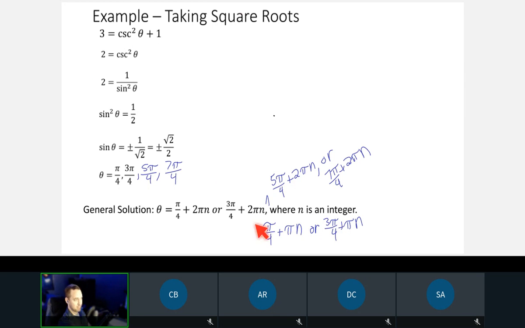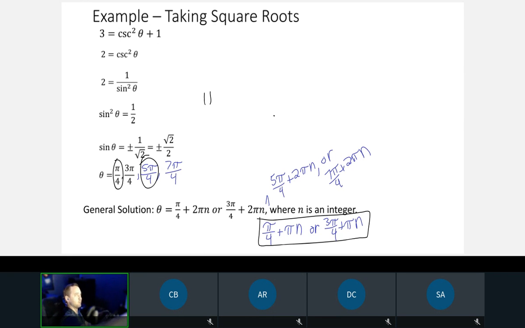So my singular answer is just those two. Let me box it. And the reason why is because pi over 4 and 5 pi over 4, those are 1 pi away from each other.